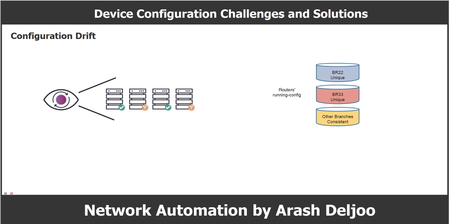Okay, Alice, the senior engineer, gets a different call at 4 a.m. about another issue and makes a change to branch office router BR33. And after that, the next day gets busy and neither Alice nor Bob mentions the change they made. They both follow procedure and document the change in their change management system, which lists the details of every change.